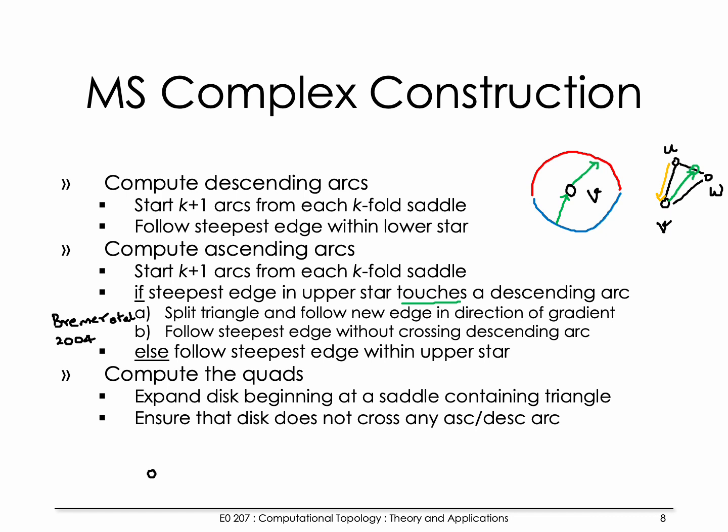Here we have a vertex V, and V is, for example, a saddle. So V lies on a quad. Let's draw that quad.